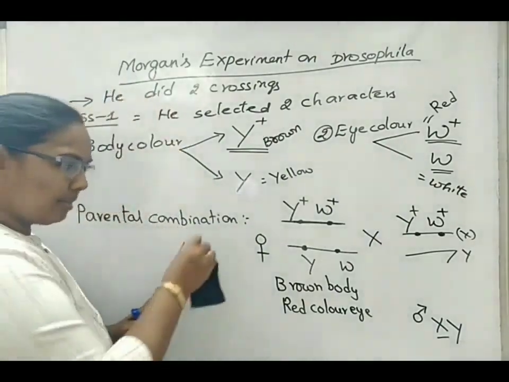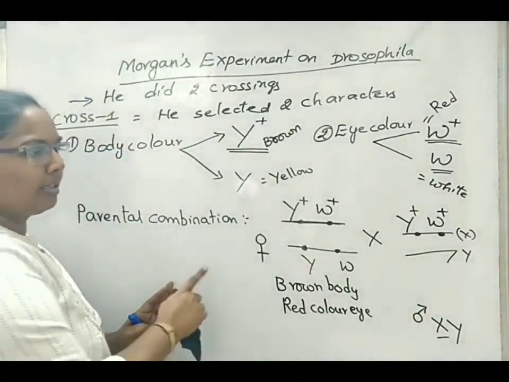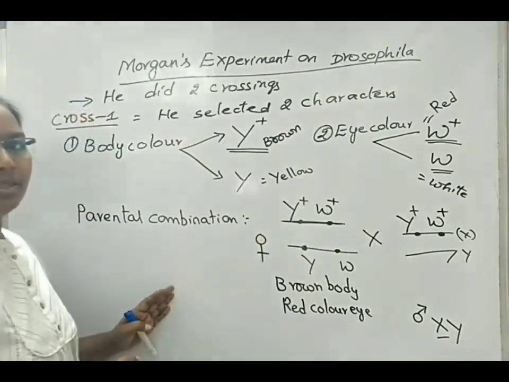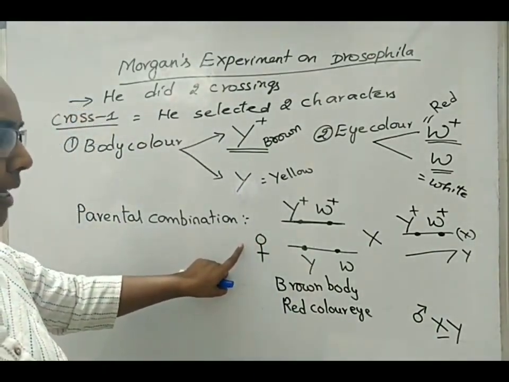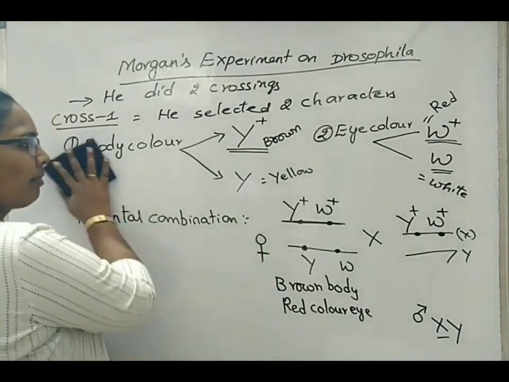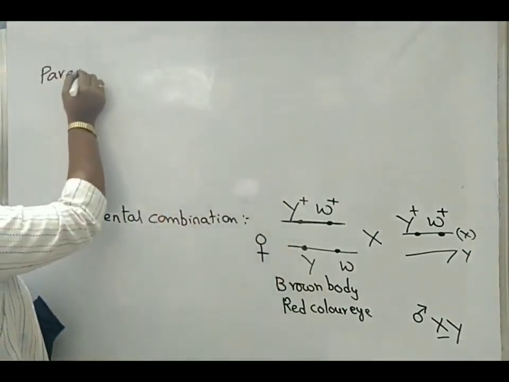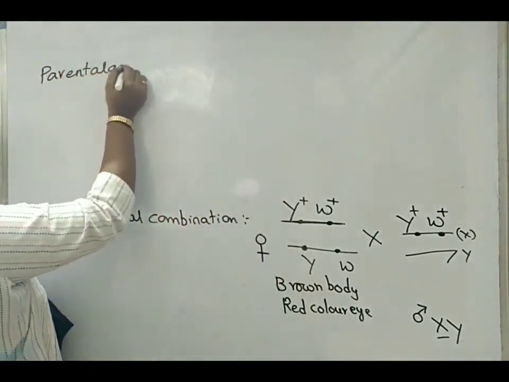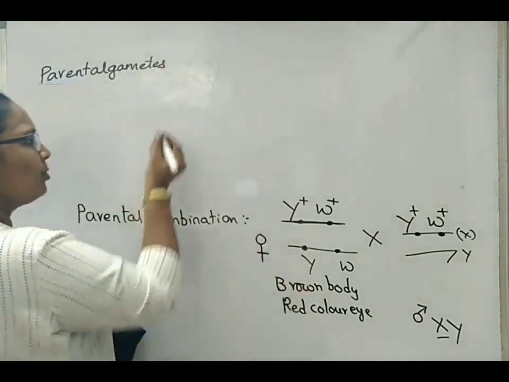And we are diagrammatically representing the same work done by Morgan here in the form of this arrangement. So the first work done by T.H. Morgan includes the parental combinations like this. We extract the gametes, meaning parental gametes, from this arrangement of chromosomes.